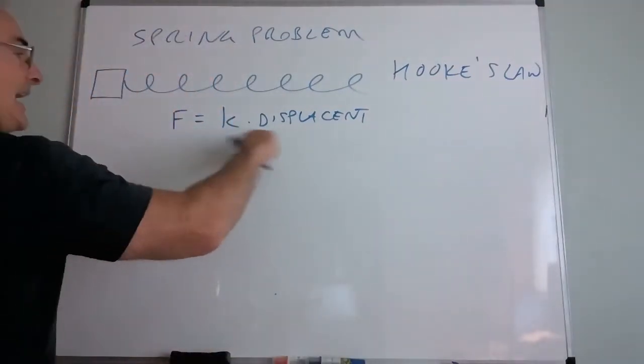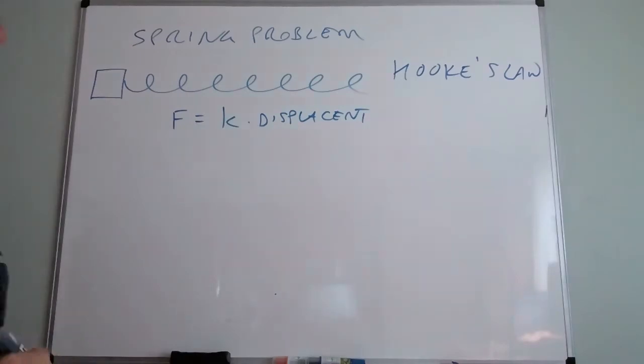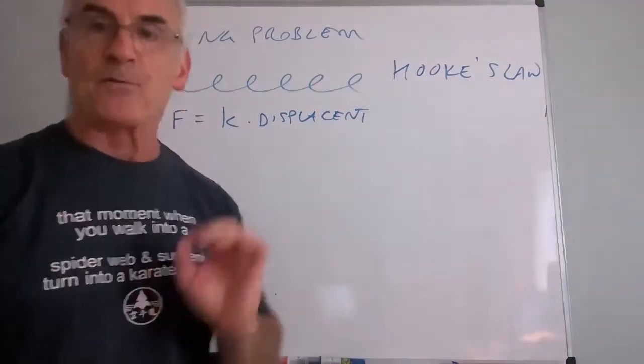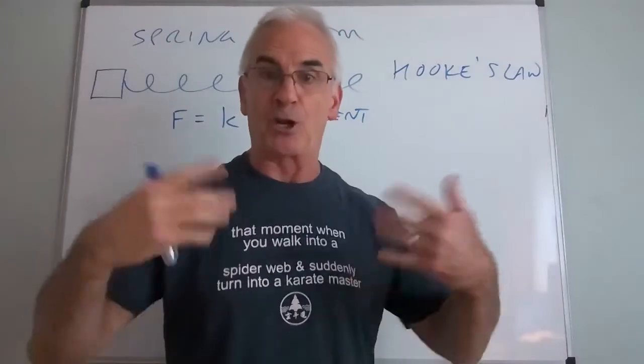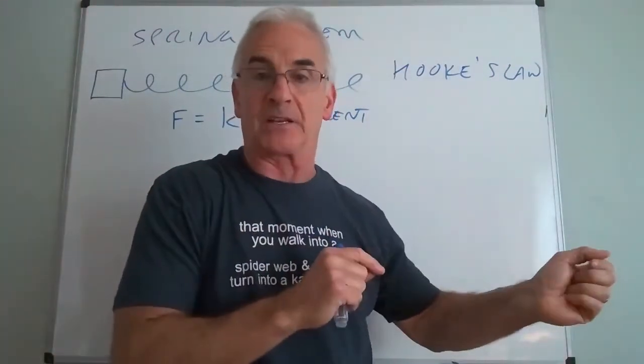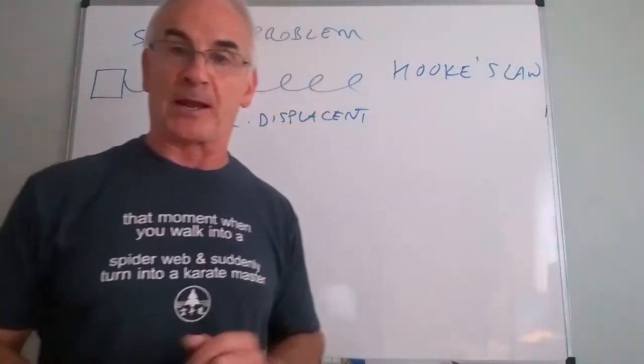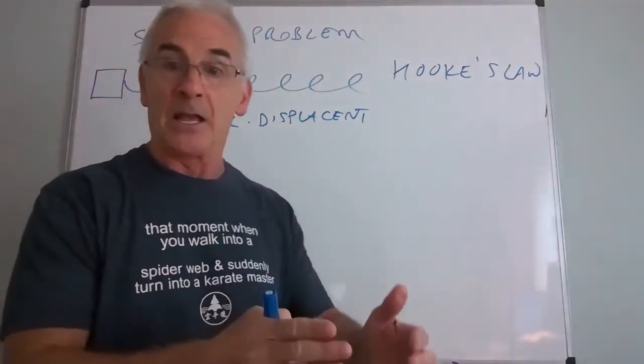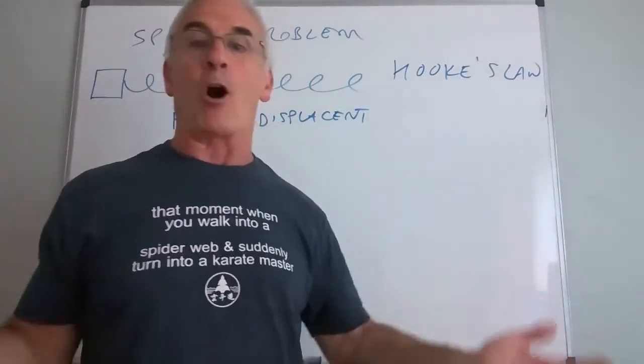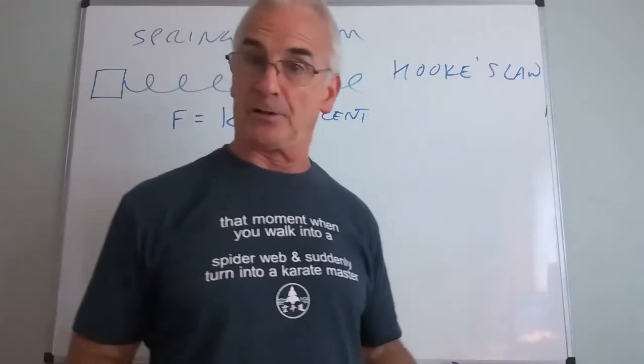So if that's the case, then you have to be given certain information. Every single spring, every coil, everything of this nature that exists has what's called a spring constant associated with it. The spring constant isn't something automatic; you actually have to calculate it.